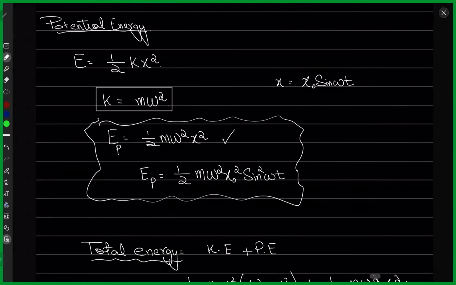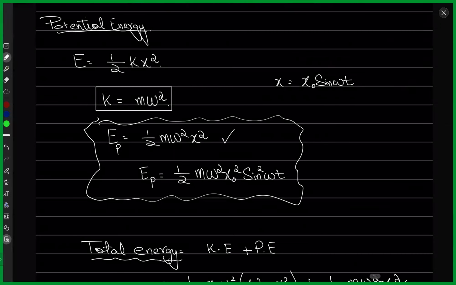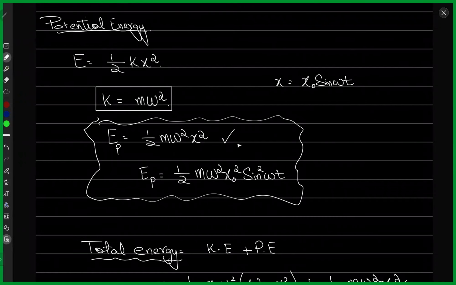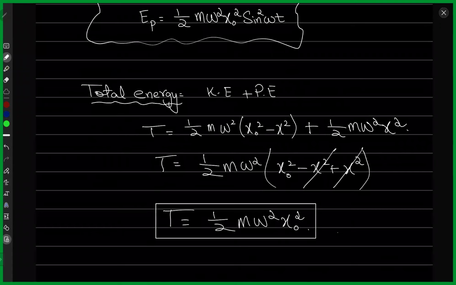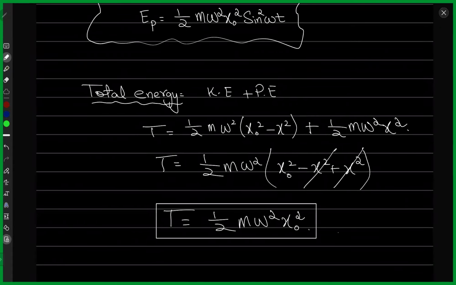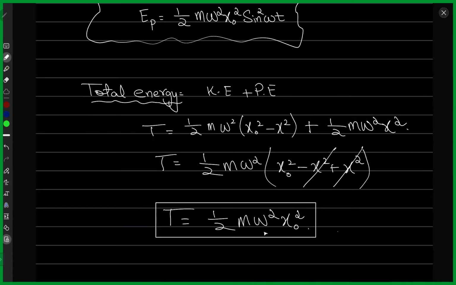And from there, we used the definition for the elastic potential energy to write down the potential energy of any simple harmonic oscillator, and which was this. And then we found that the total energy, which is the sum of the kinetic and potential energy of the system, just turns out to be equal to the maximum kinetic energy or the maximum potential energy.